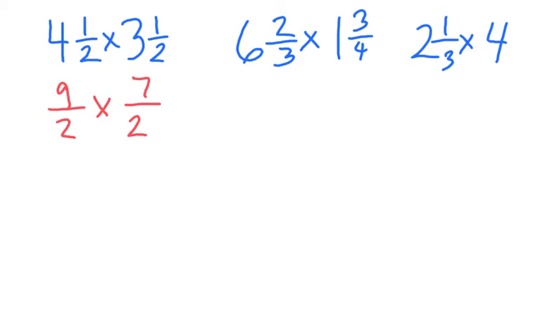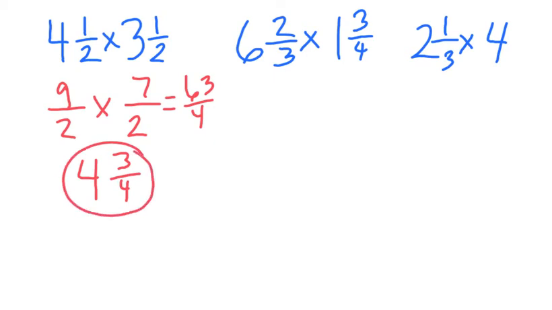Nothing cancels on this one. But now you follow the main rule of multiplying fractions, which is top times top, bottom times bottom. So 9 times 7 is 63. 2 times 2 is 4. How many times will 4 go into 63? Well, 4 times 15 is 60. So it'll go 4 times, and that leaves 3 leftovers. So 4 3/4.